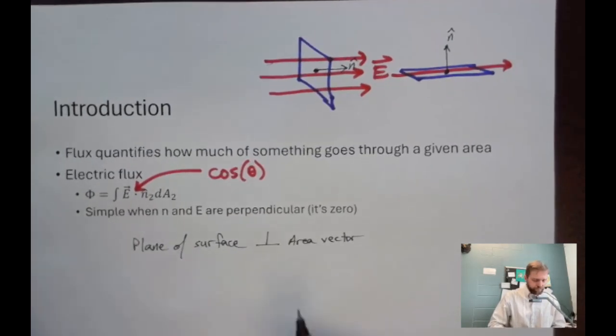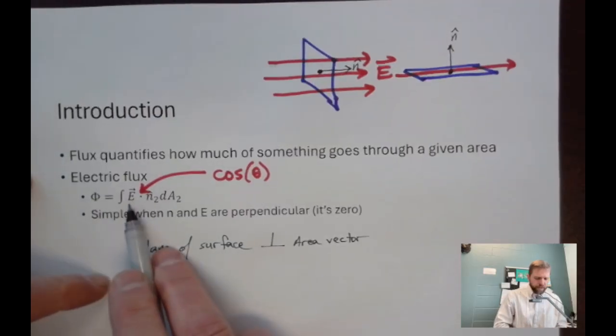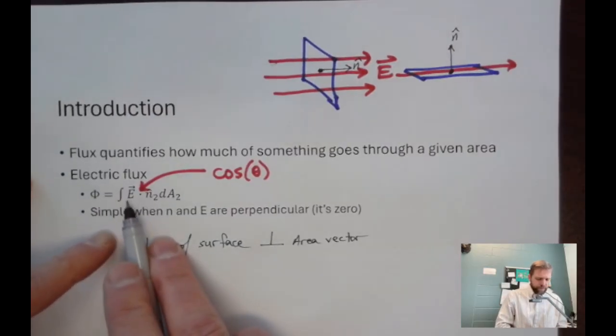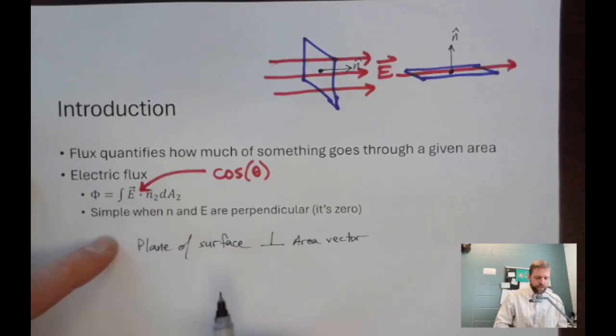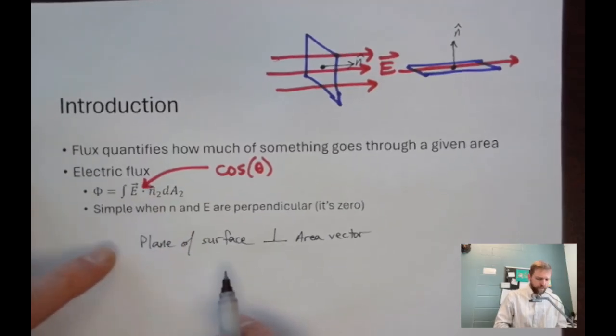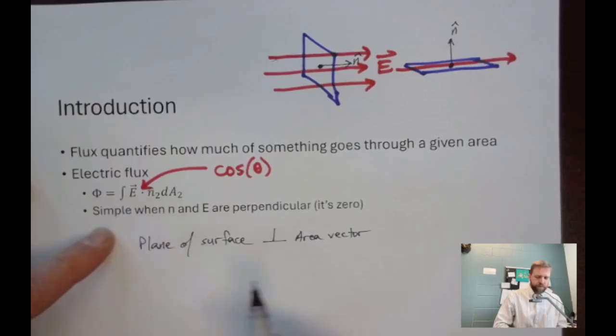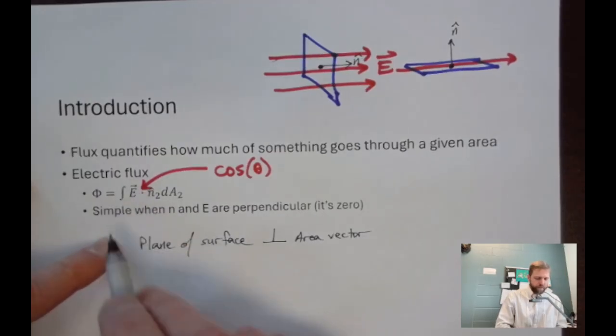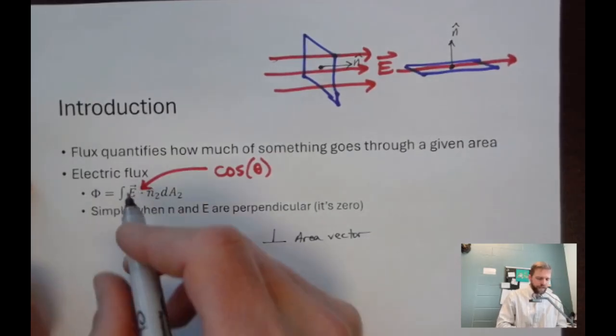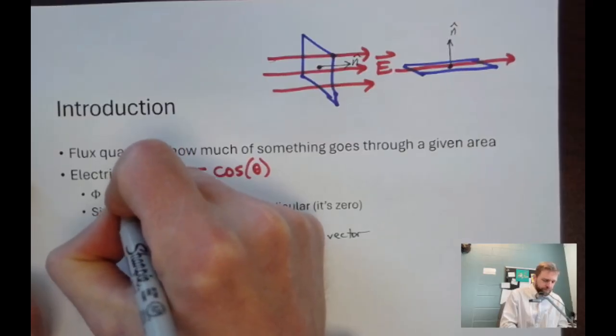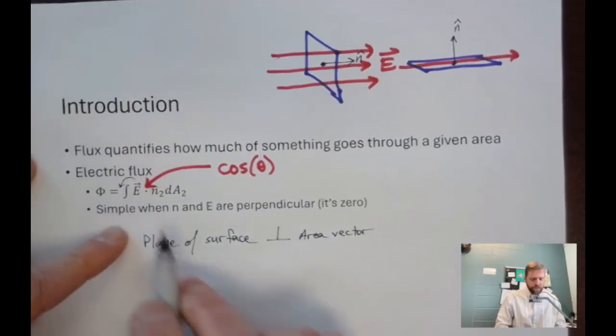All right, so this integral might be a little bit scary. In fact, it is kind of scary when the electric field is not constant. But for pretty much everything we're going to do, the electric field is going to be constant over this integration. So with any constant, we can just pull it out. That'll be nice.